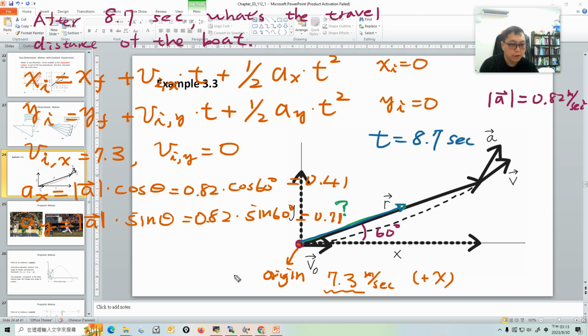Sorry, the equation I wrote was wrong here. Thankfully, I didn't write the symbol wrong. Final, initial.